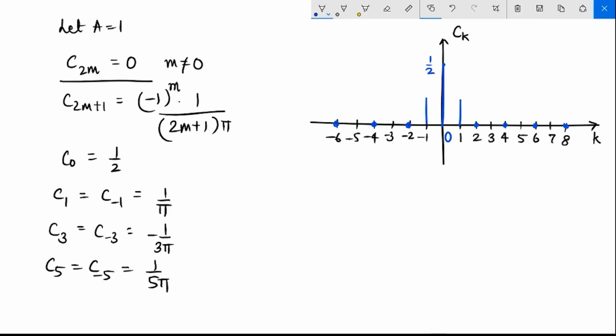So this is some 1 by pi. Then 1 upon 3 pi in the negative direction. Then 1 upon 5 pi. Similarly 1 upon 7 pi.